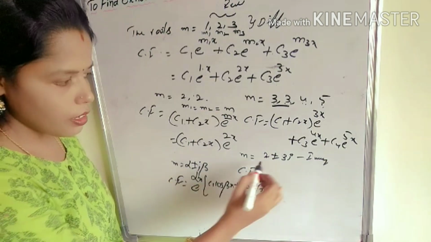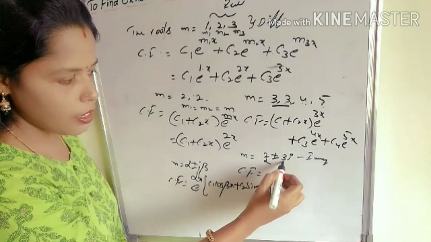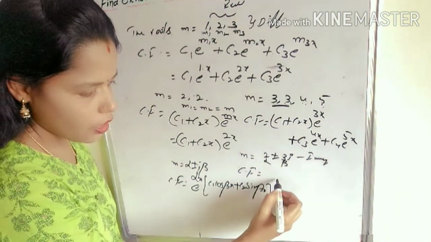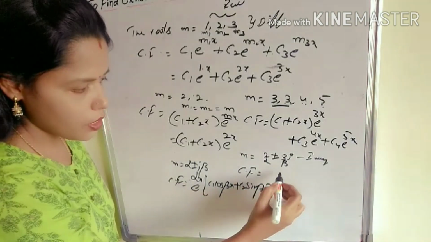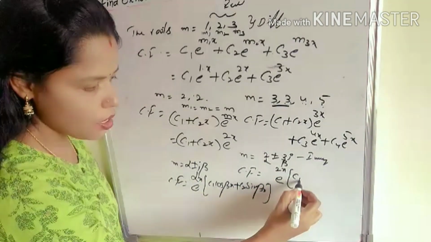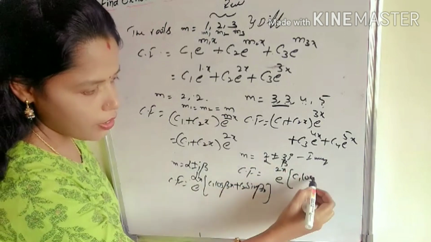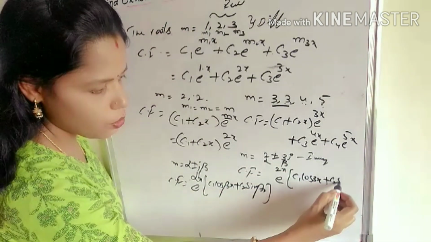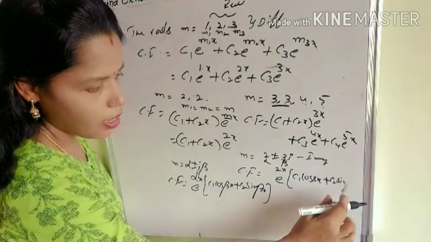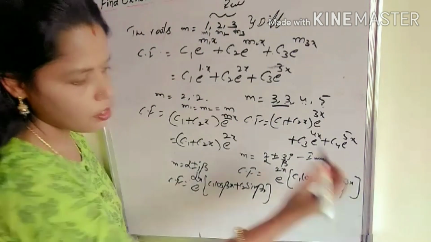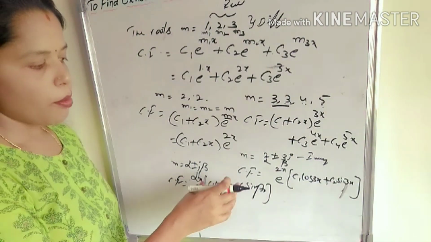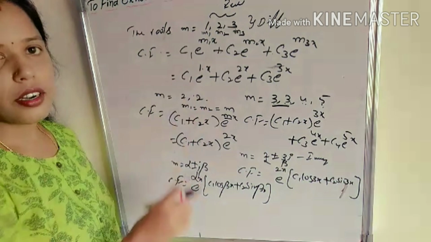What is alpha here? Alpha is 2, beta is 3. Then the solution is e to the power of 2x into c1 cos 3x plus c2 sin 3x. This is a complementary function for complex roots.